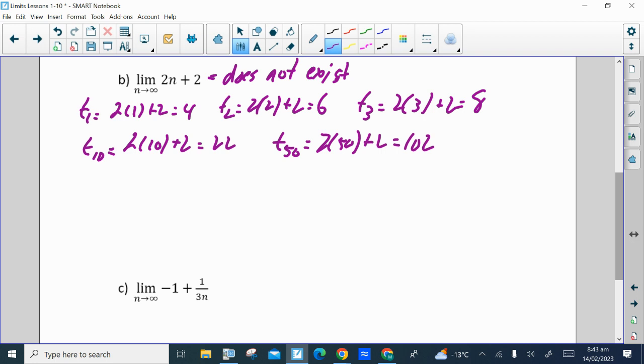So again, this sequence is divergent because the limit does not exist, whereas the previous one would be convergent.